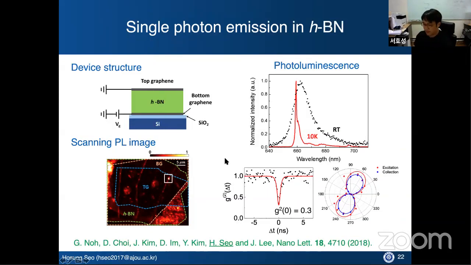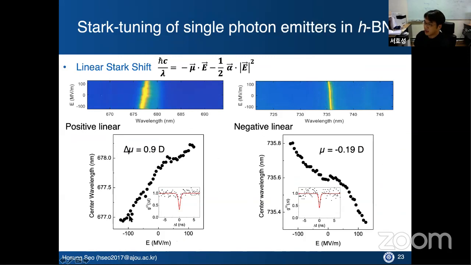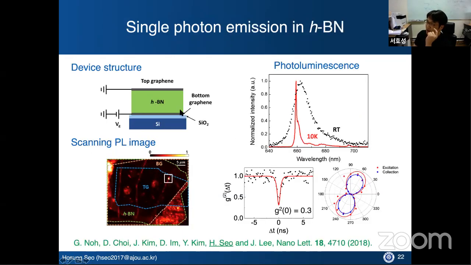And then she observed that you can tune the optical energy of single photons in hBN by applying the electric field. So this is basically the Stark shift. The key thing of this experiment is that hBN is a two-dimensional material, stacked in this z direction, and she applied the electric field in this direction and showed the Stark shift.